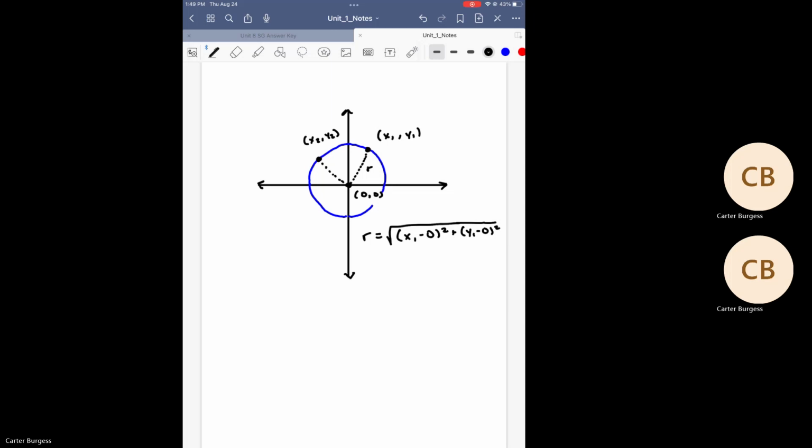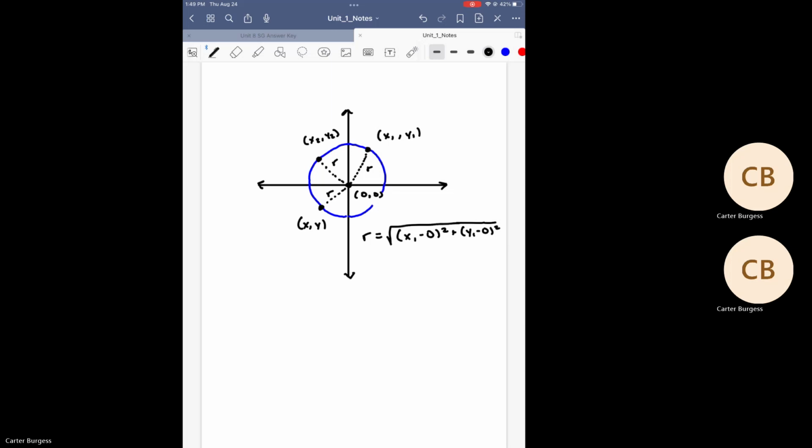Yeah, they're both r. This is the same distance, all right? And in fact, it doesn't matter where I pick on my circle. I could pick any random point here, and as long as I'm on my circle, that distance r is always going to be fixed.